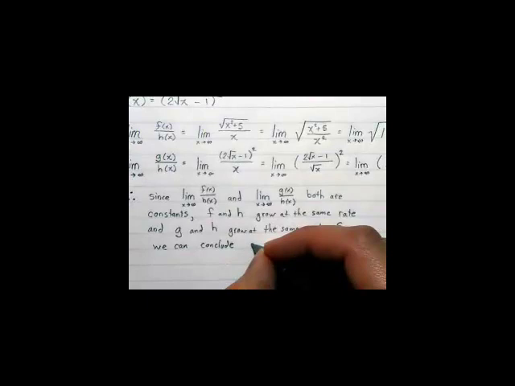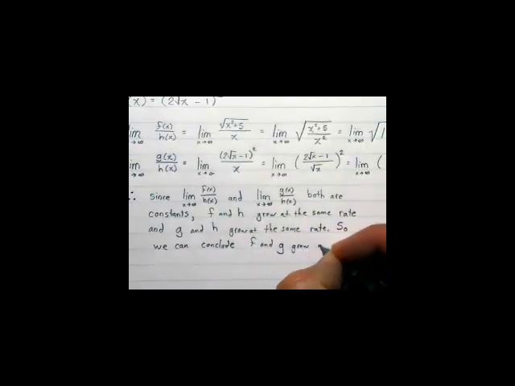So we can conclude f and g grow at the same rate. Done. All right, so when you're using this transitivity thing, you've got to include some kind of a little explanation about how it is exactly that you used it, okay? So something like that would be perfect.